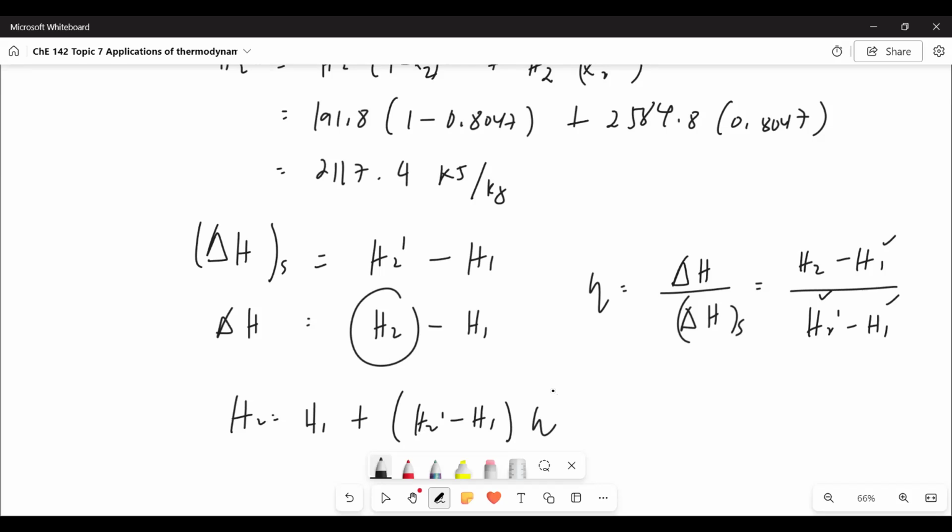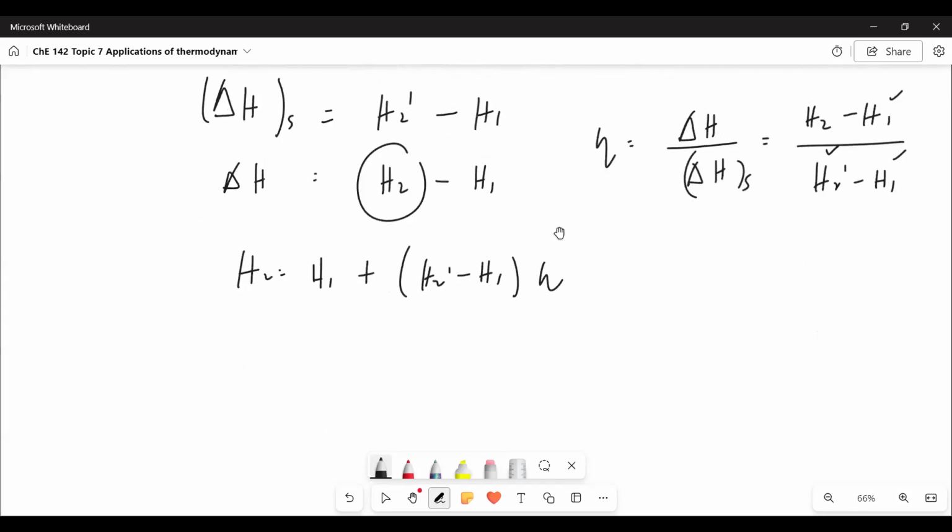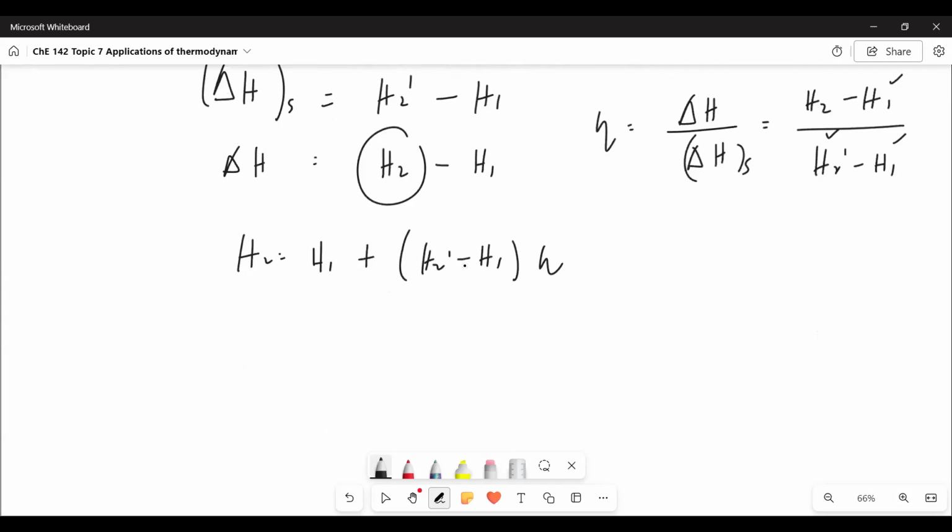Okay, so substitute everything. What you will get for H2 is 2436 kilojoules per kilogram.